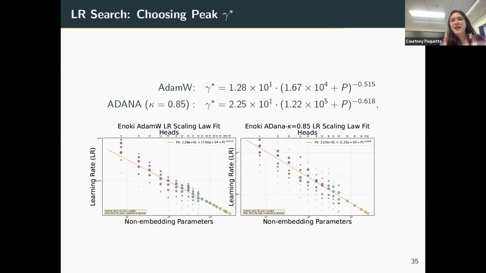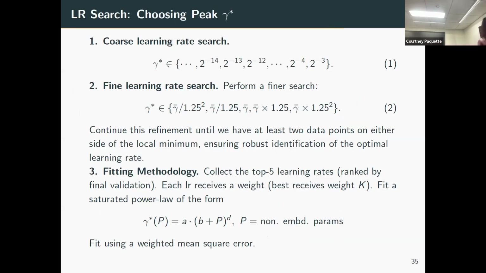Maybe I'll end here. I'll just say something about learning rate. Learning rates are also problematic. What we did was try to be very systematic about how we chose the scaling. We couldn't use things like mu-p scaling because we didn't know what it was, so you have to actually search. We started with a coarse grid, then we did a finer grid, and once we had the finer grid, we collected the top 5 learning rates.